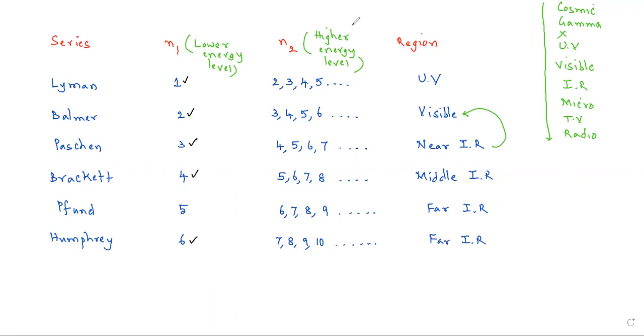So these are different series observed in different regions. Lyman, wherein the electrons get de-excited to the first orbit. Balmer, second orbit. Paschen, third orbit. Brackett, fourth orbit. Pfund, fifth orbit. Humphreys, sixth orbit.